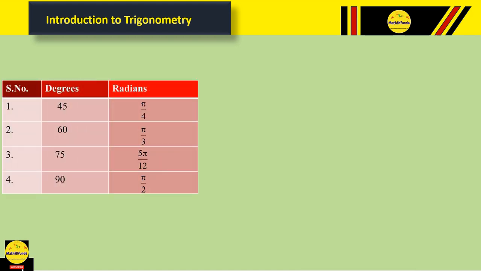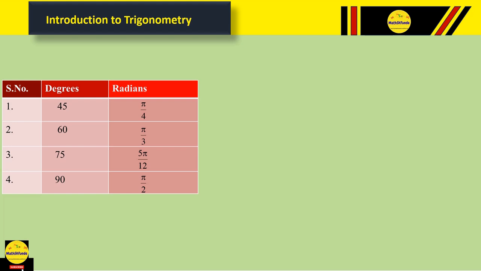Now let us make some list of angles, out of which 45 and 75 we have already done. Now I'm adding to the list 60 degrees and 90 degrees also. You can convert them to radians like the calculation I have shown before. So 45 degrees is pi by 4 radians, 60 degrees is pi by 3 radians, 75 degrees is 5 pi by 12 radians, and 90 degrees is pi by 2 radians.